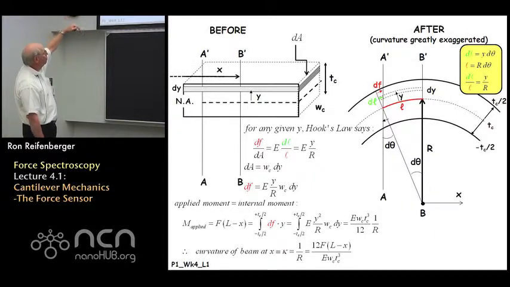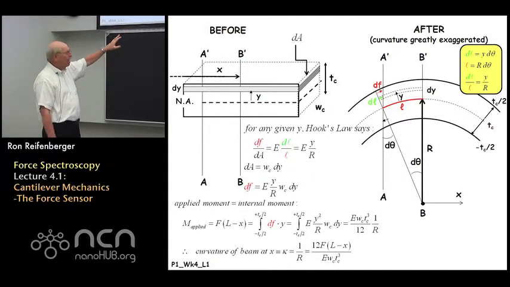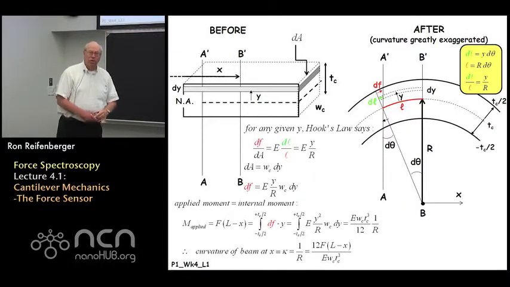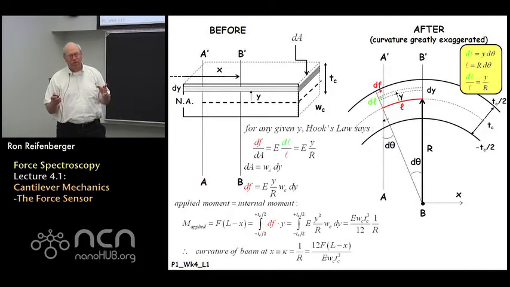Since Y ranges from minus t by 2 to plus t by 2, that sets the limits of the integral. At the end of the day, what you find is that the applied torque has to be equal to a number of constants times 1 over the radius of curvature of the beam at the point X where you're doing this calculation.